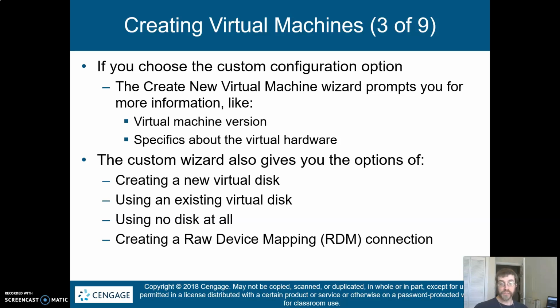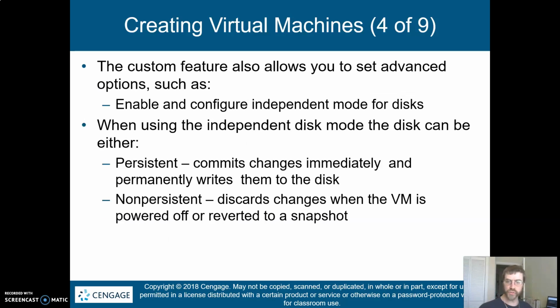This also gives you options like not having a disk, using an existing disk, creating a new disk, or creating a raw device mapping connection. This also allows you to set up independent modes. With independent modes, there are two options: persistent and non-persistent. An independent disk in persistent mode will maintain its changes immediately and persistently.